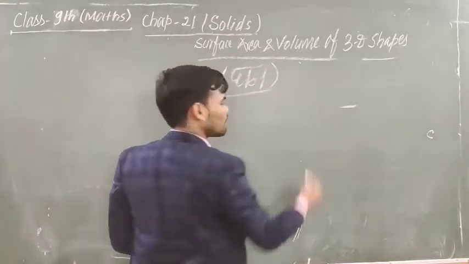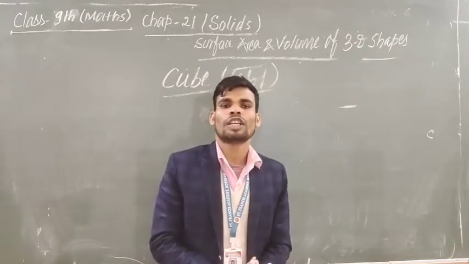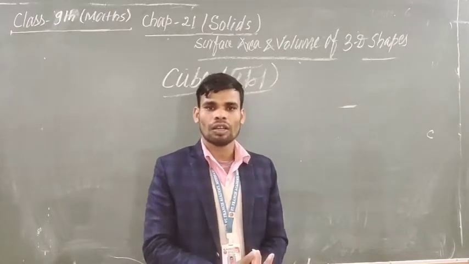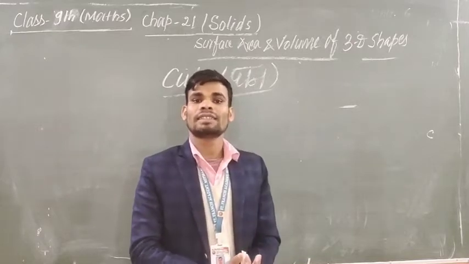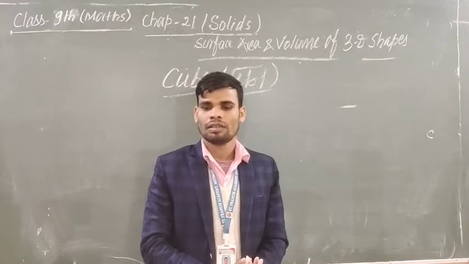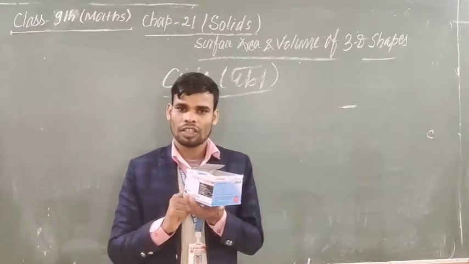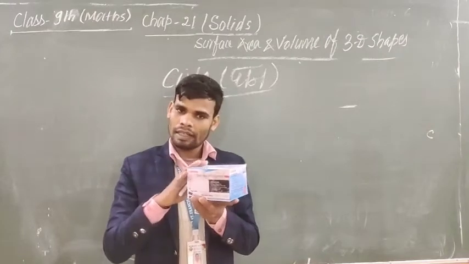So firstly let me discuss what a cube is. Do you know? A cube is a solid which has 6 square faces of equal area. It means we can call this chalk box a cube.